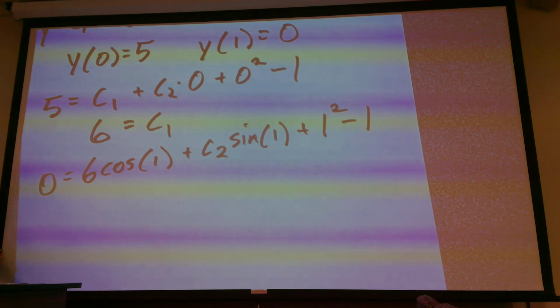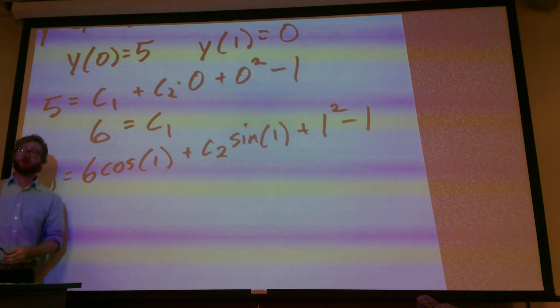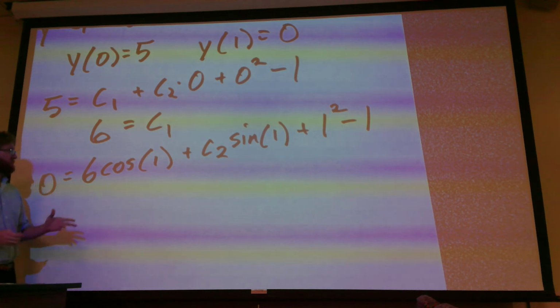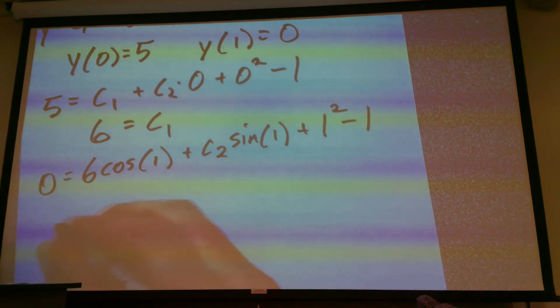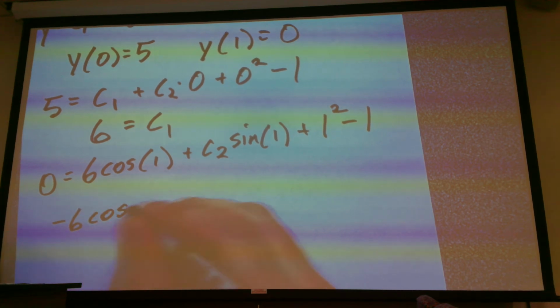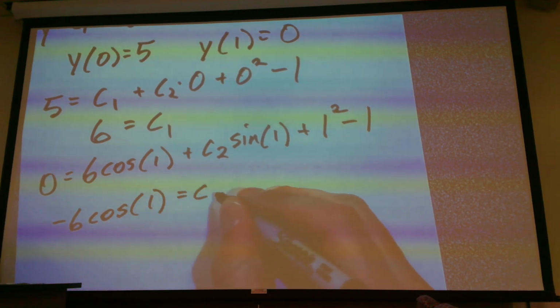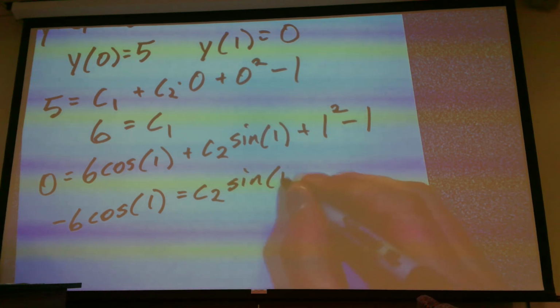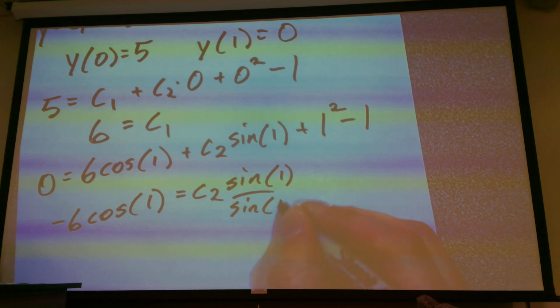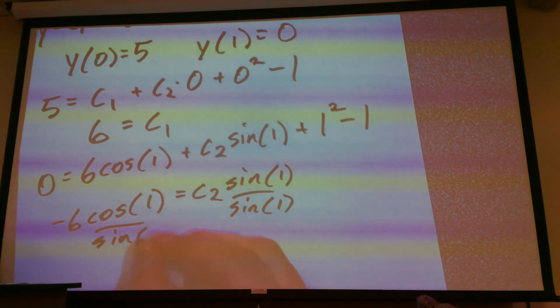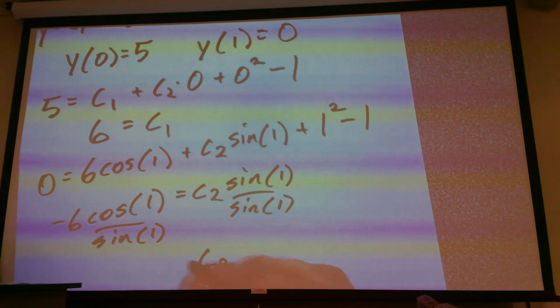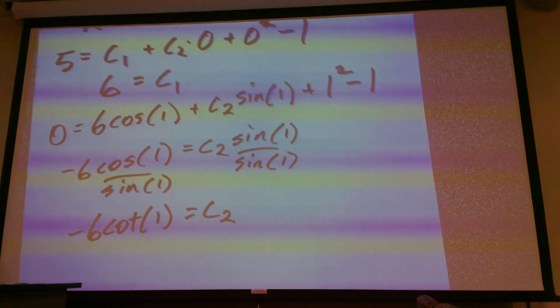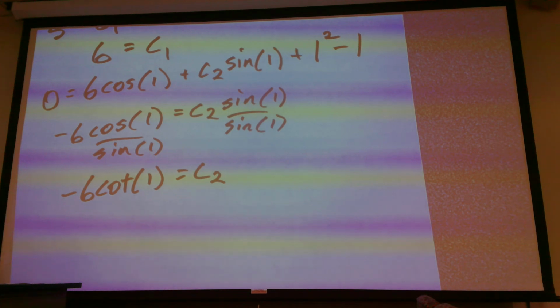The 1 squared and the minus 1 are just going to cancel each other out. So the one we have to consider is just c2. Okay, not the prettiest answer, but it is an answer.